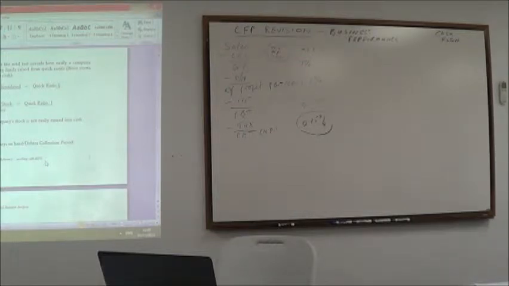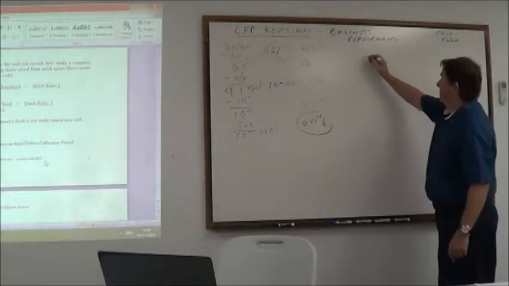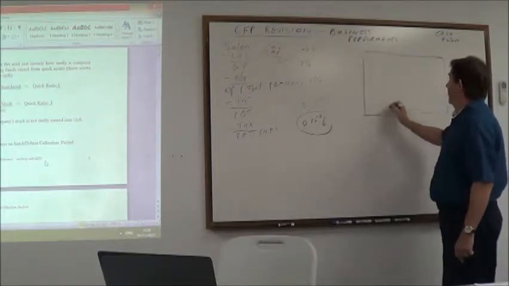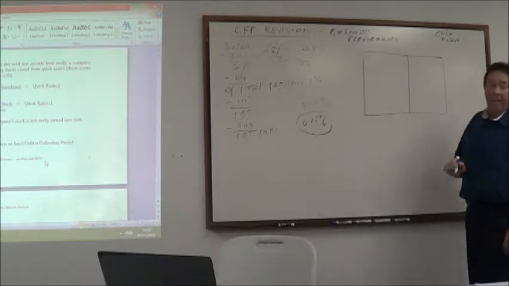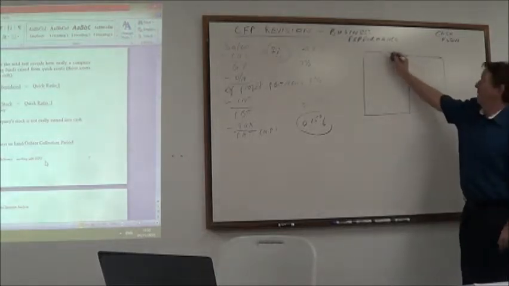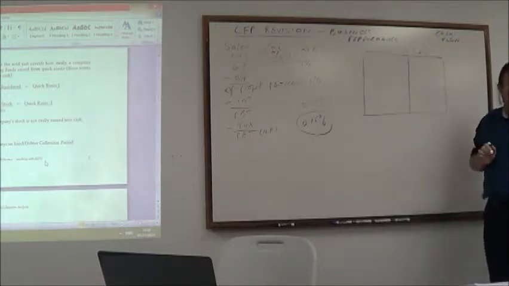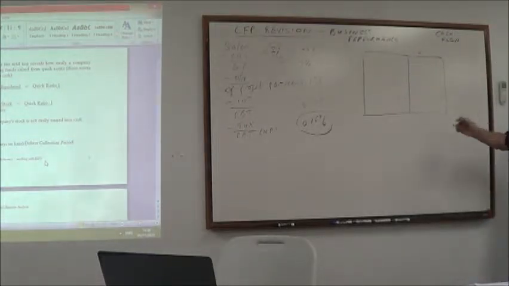So it's the same when we look at the business balance sheet. We're looking at the assets and liabilities. So here's a template for the balance sheet. On the left we can put liabilities, and on the right we can put the assets. We can start with the assets.